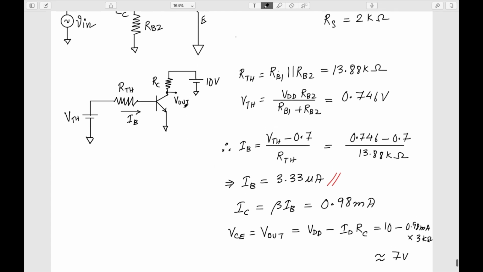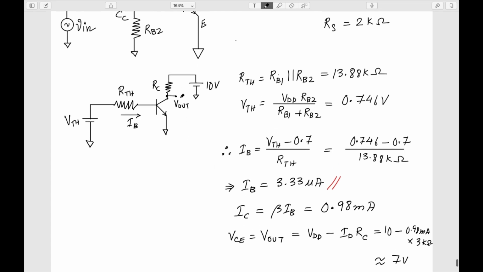Why is this asked? Because we want to make sure that the transistor is not going into the saturation region, so the DC value of this midpoint is important. We will discuss this more in the next class.